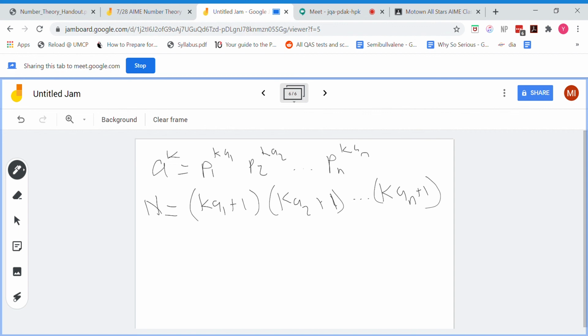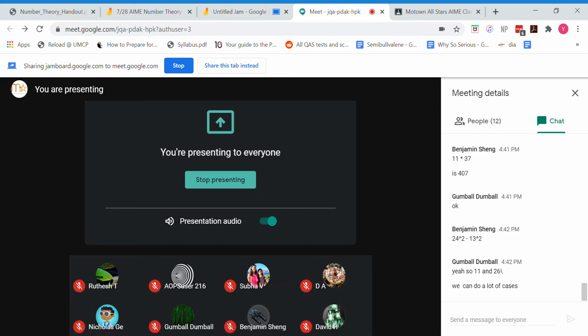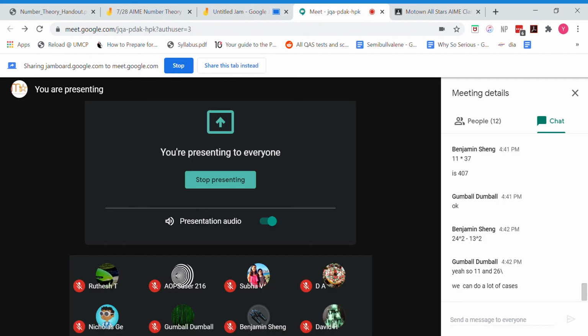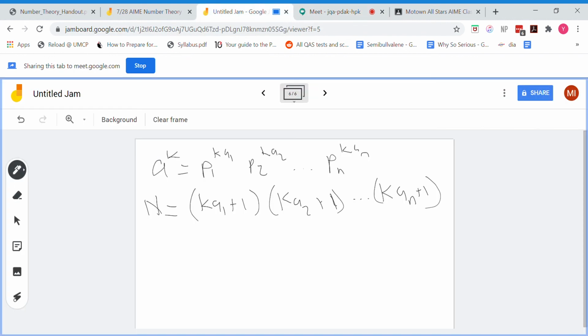So is there any relationship between n and k that we can get from this? I'm seeing a lot of things here multiplied by k on this side. So if I take everything mod k, that would just get rid of all these terms, right? So let's take mod k.